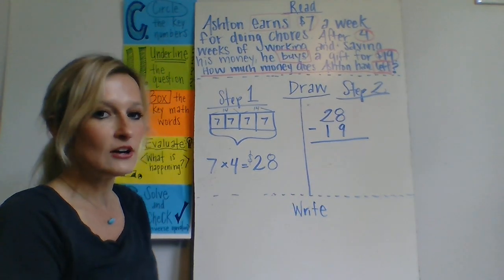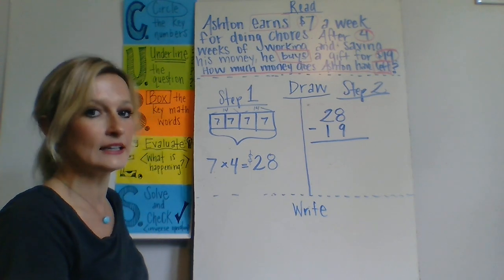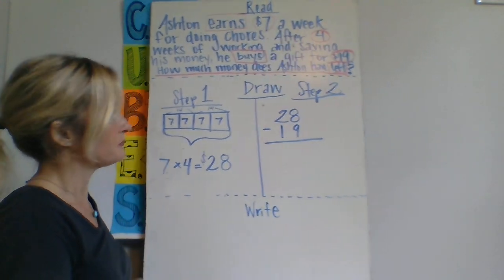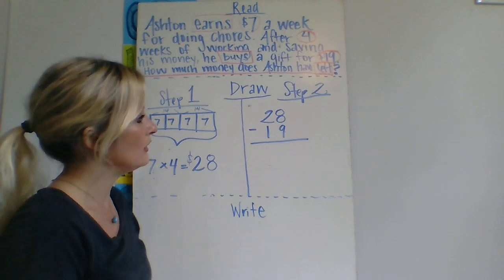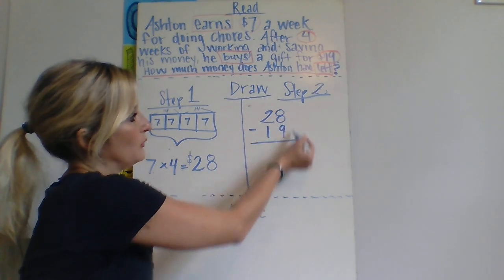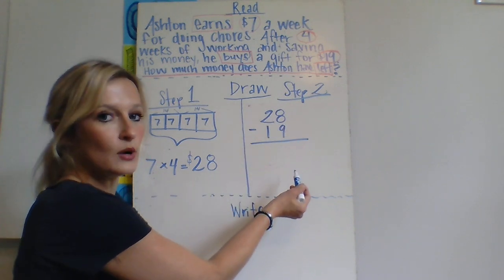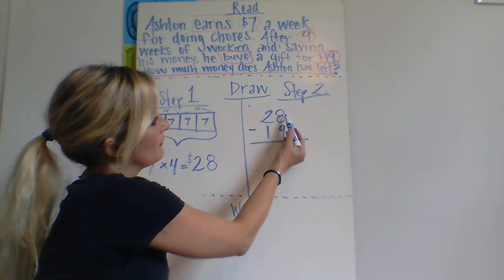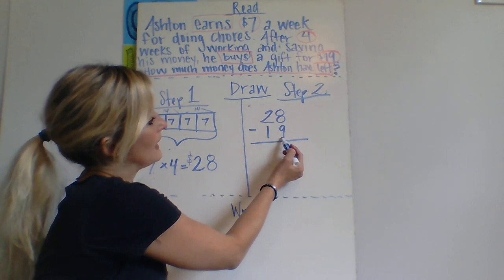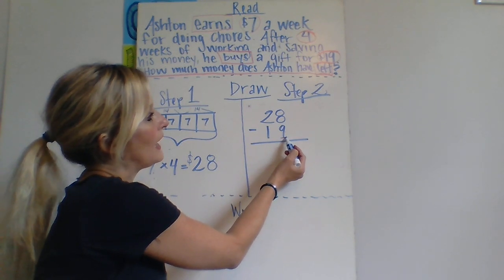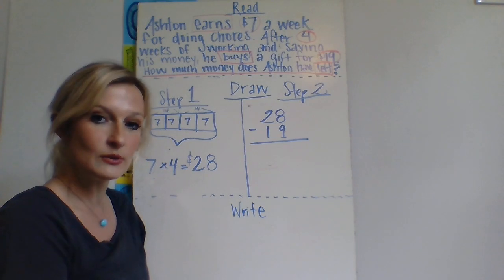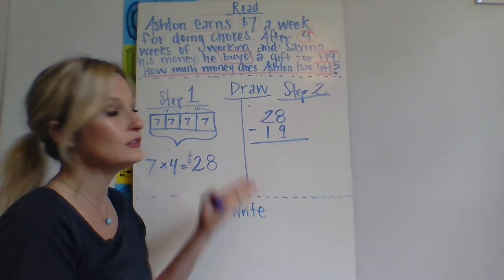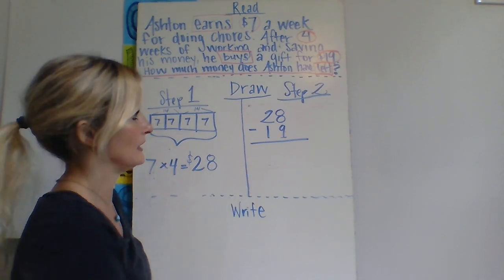Now, this is another concept that a lot of our kids struggle with. It's regrouping. So, first of all, we always start in our ones place. We have a problem here. It's asking us to take away 9, but we only have 8 ones. So what we're going to have to do is ungroup our tens place.